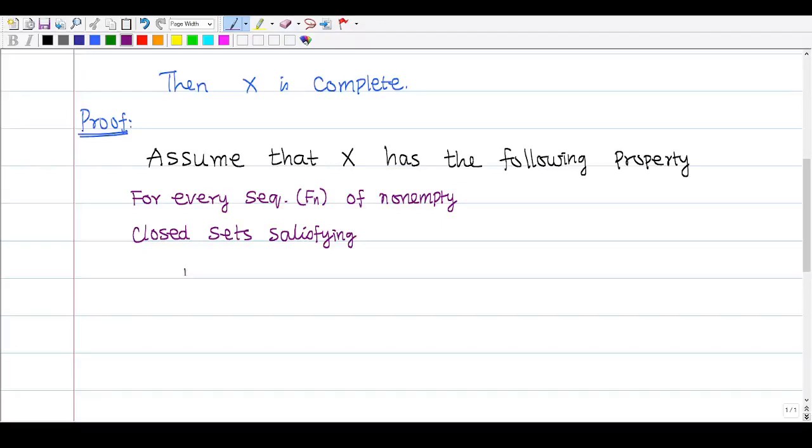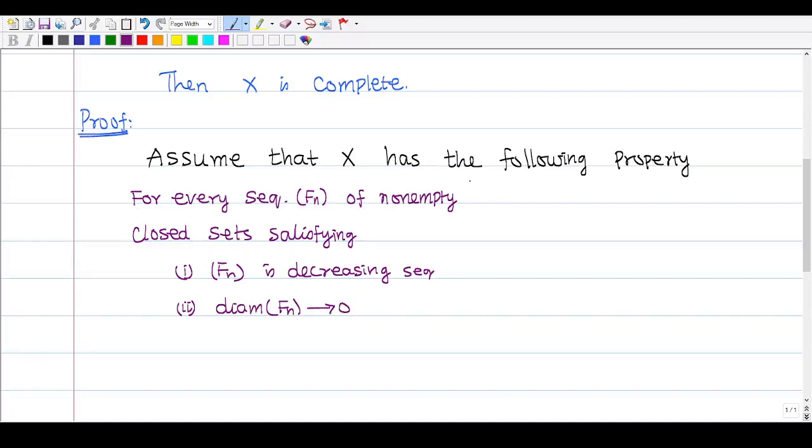number 1 வந்து this is a decreasing sequence. fn is decreasing sequence. okay, அதுக்கு என்ன அர்த்தம் அப்படிங்கிறது மேலே கொடுத்துருக்கேன். And number 2, we are having diameter of fn which converges to 0.